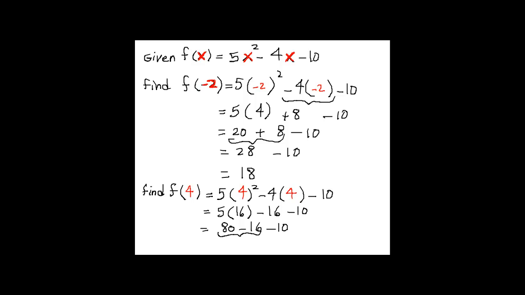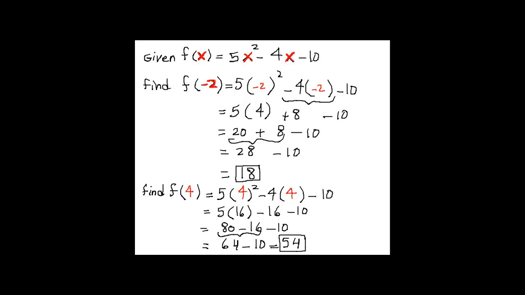So we have 80 minus 16, which gives you 64 minus 10, and some of you are already putting your answer up. Great, that is 54. Very good. 54. So that would be the answer for part B.